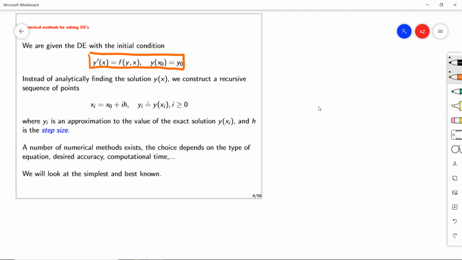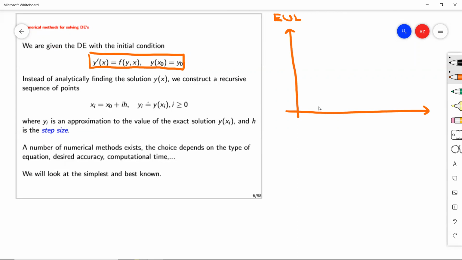And the idea will be to approximate the solution using some geometry behind it. I will just draw one example and explain on this example the so-called Euler's method. You've already seen this method in this week's lab session.